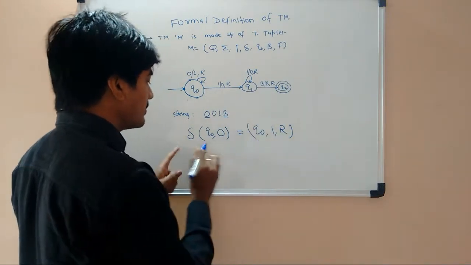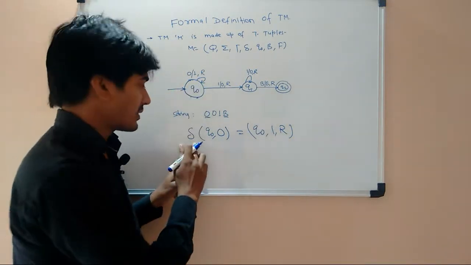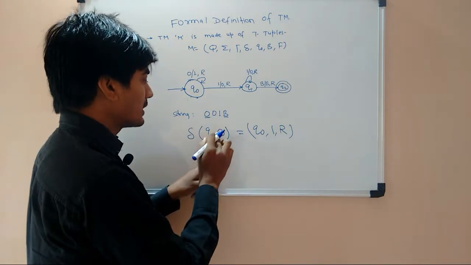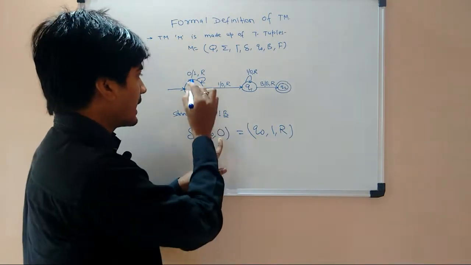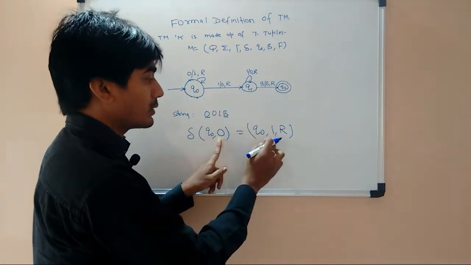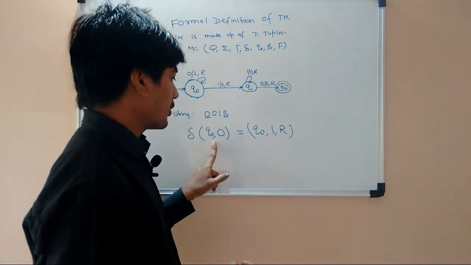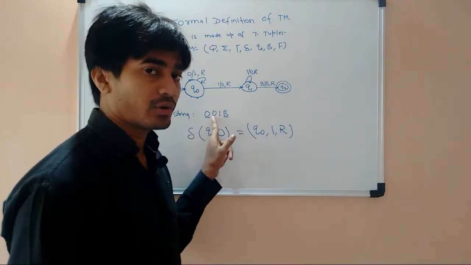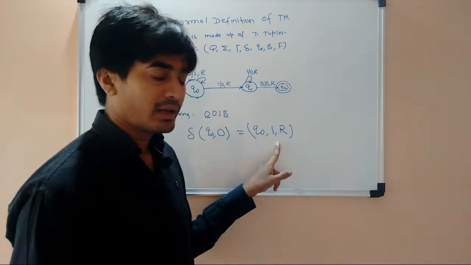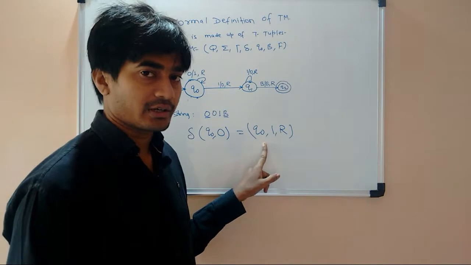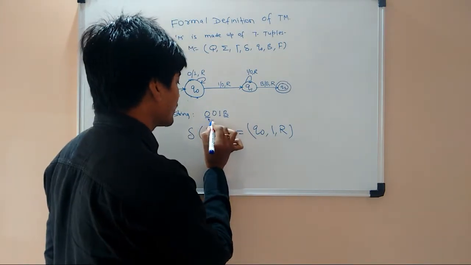So on Q naught, reading symbol 0, writing 1, we stay on Q naught and the head moves right.